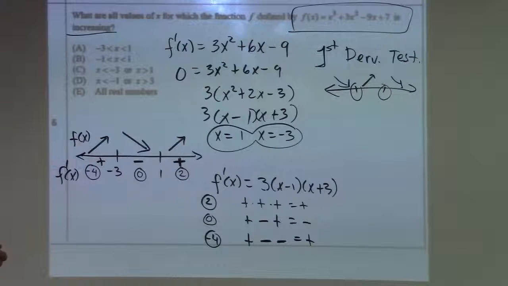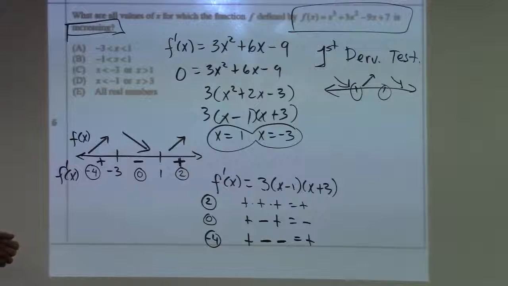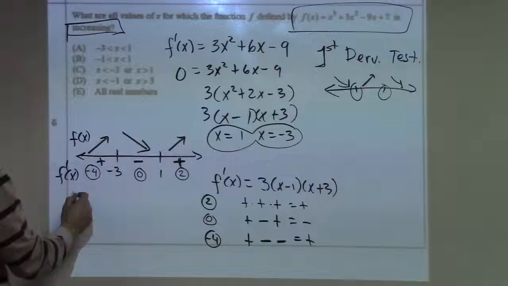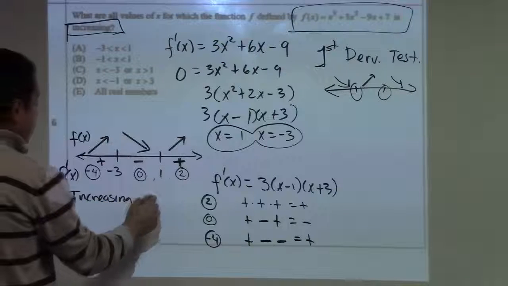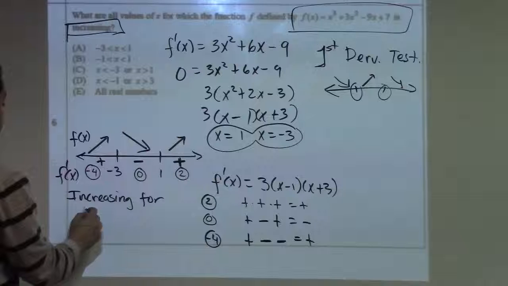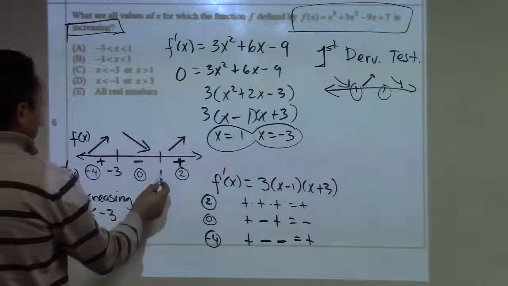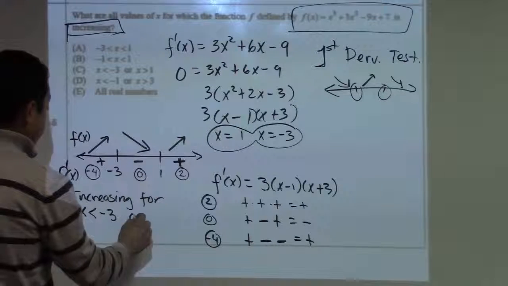So we need to figure out when this graph is increasing. It's increasing for anything less than negative 3. So it's increasing for all x's less than negative 3 and for all x's bigger than 1.